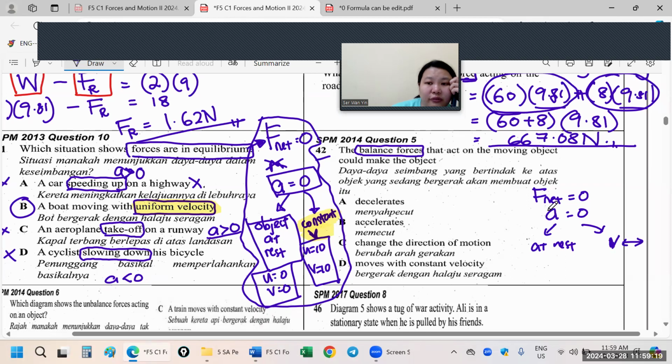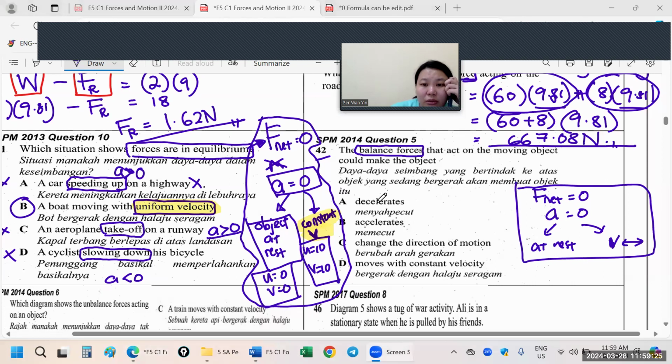I like to use short form like this. So now no acceleration. Changing direction also changes velocity. So answer is D.